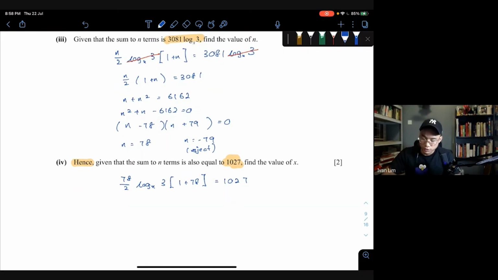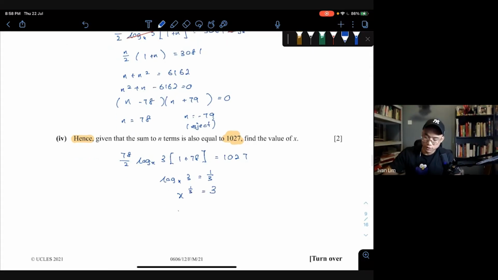Okay, log x3, you just calculate it in the calculator, you'll get 1 over 3. For this, we can change log form to indices form, so it'll be x to the power of 1 over 3 equals 3. And x equals 3 cubed, which is equal to 27.